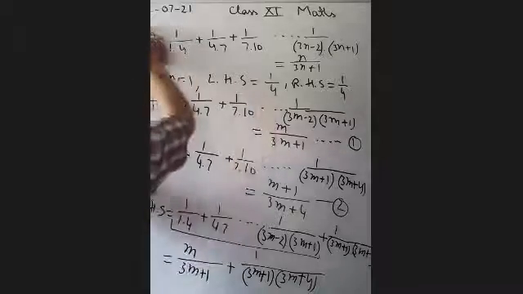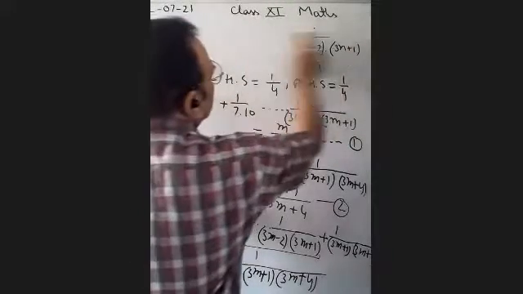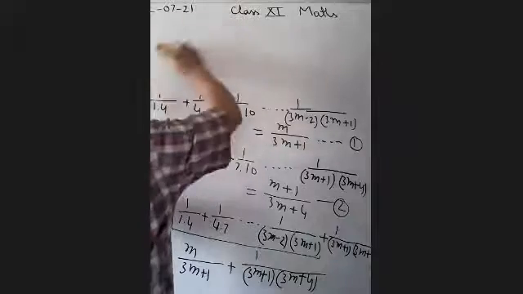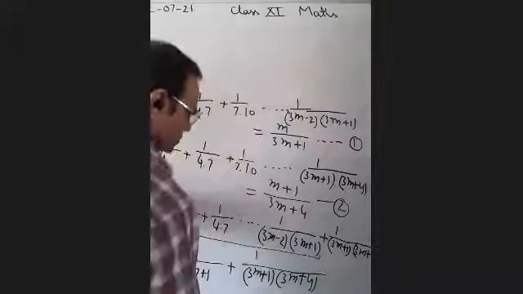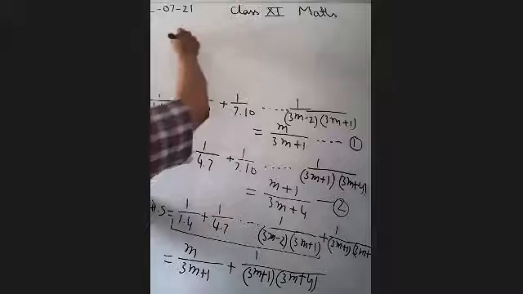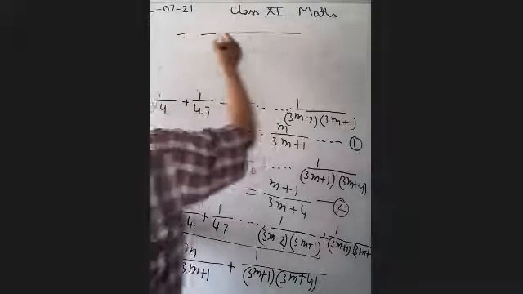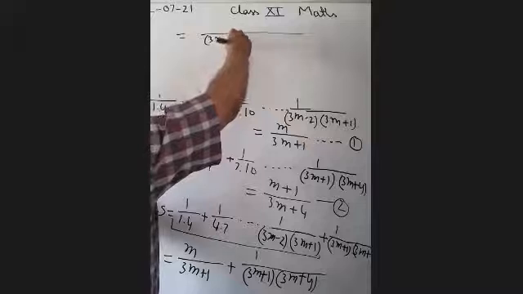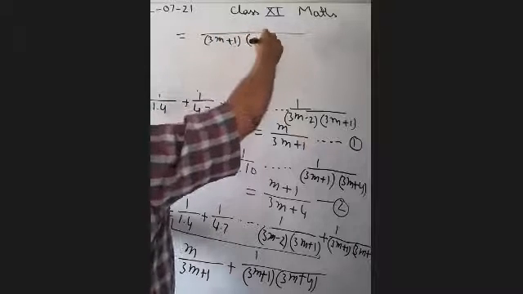So now I am rubbing this line. If we take the LCM, so LCM will be equal to 3m plus 1 or 3m plus 4.